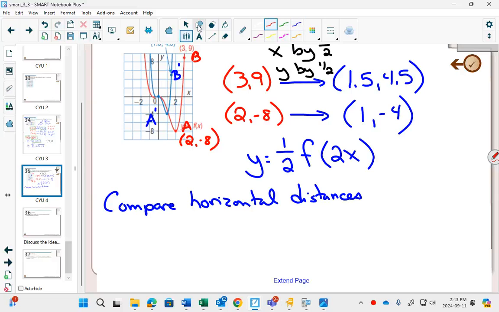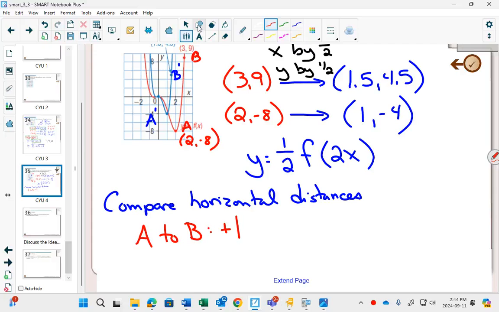And in our comparison, we start by looking at what is the horizontal distance on the original graph. If you went from A to B, you go from 2 to 3, you would go right 1. I'm going to put a plus sign there to say to the right. If you went to the left, you put a negative sign. Do you need the plus sign? No, because it's positive either way, but just to say I'm going to the right.